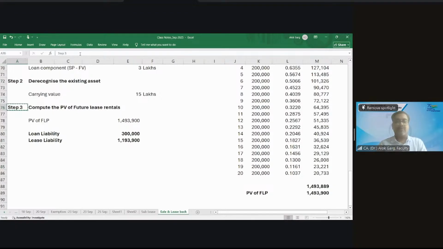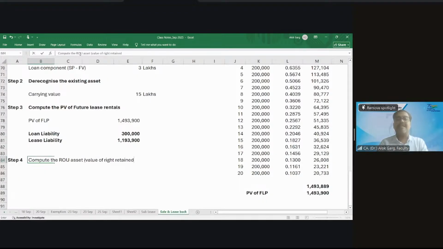Step number 4. I got the lease liability. What is step number 4? Compute the right of use asset, ROU asset. What is this ROU asset? It is the value of right retained.